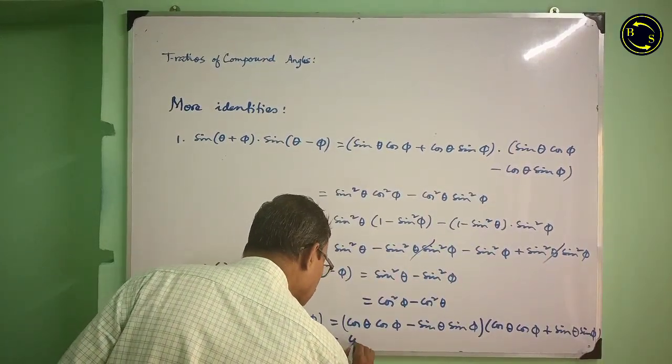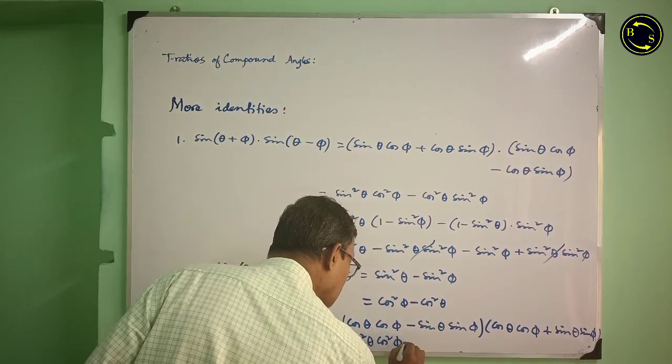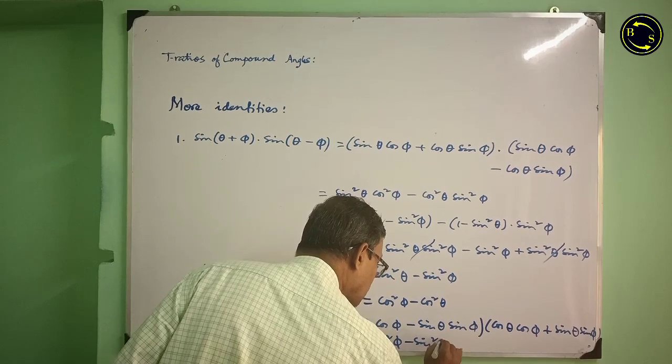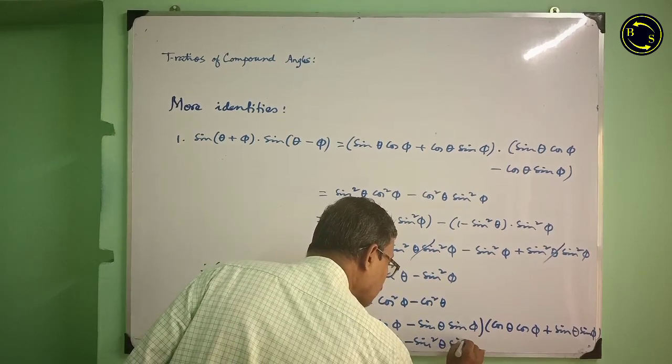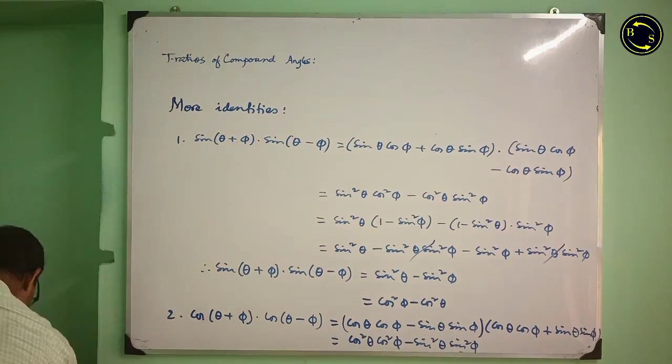It will be cos square theta cos square phi minus sin square theta sin square phi. Let me write this one.